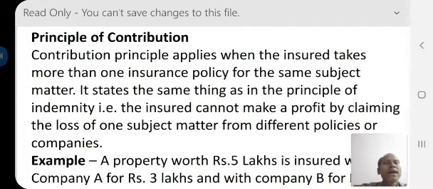It states the same thing as in the principle of indemnity. The insured cannot make a profit by claiming the loss of one subject matter from different policies or companies.